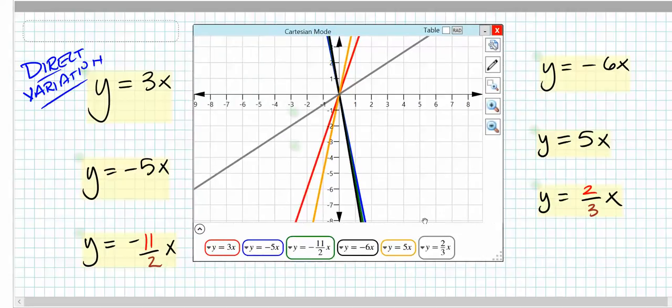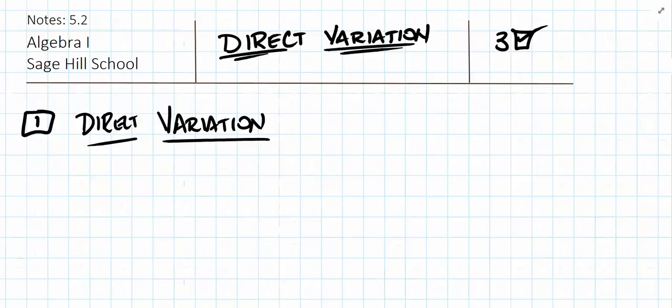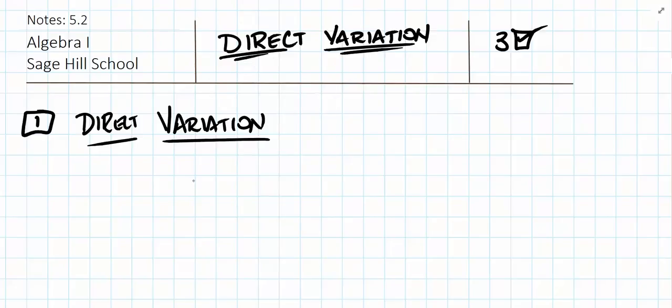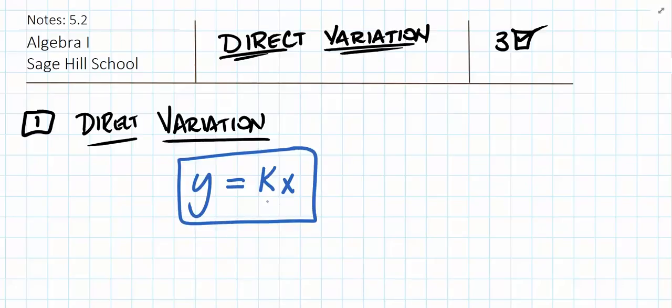That's our direct variation. So for our definition, direct variation is going to be the form of any line that's in the form y equals kx. The k is what's known as the constant of variation.